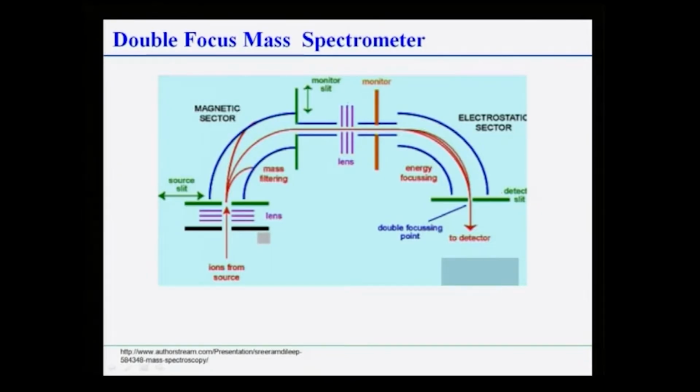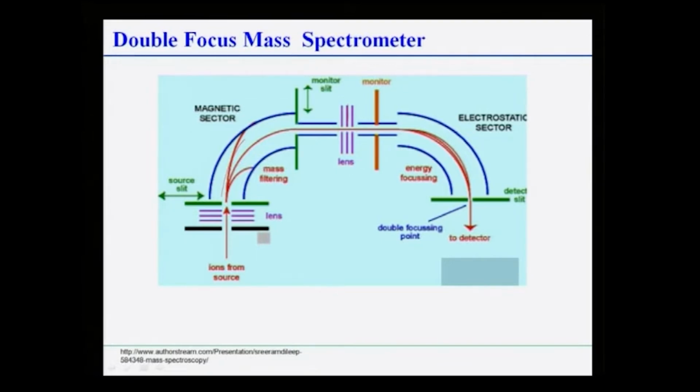You can see this is the lens, and then the ions come from the ion source and pass through a lens, there is a source slit, and then there is a magnetic sector, which separates these ions out or filters the masses. Whichever ion passes through the radius matching the slit will go through to the detector.